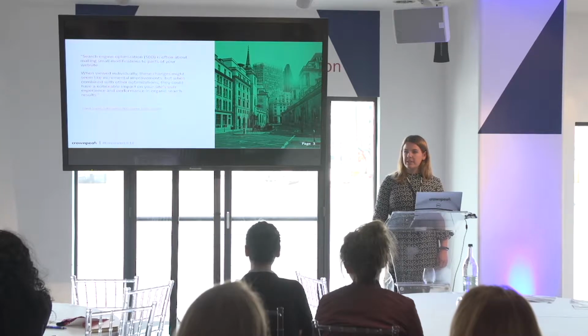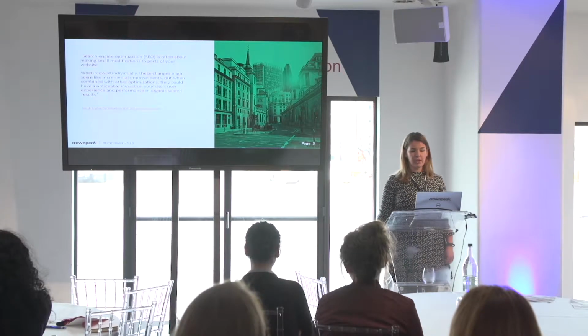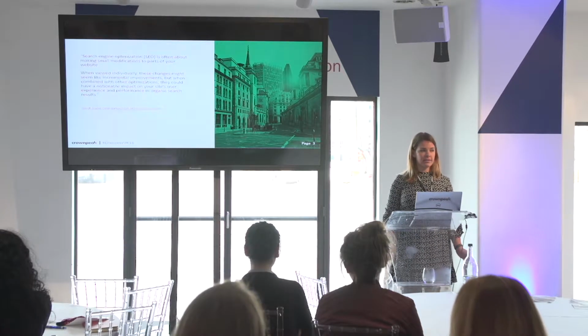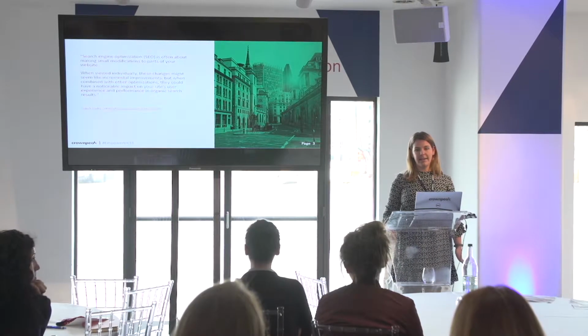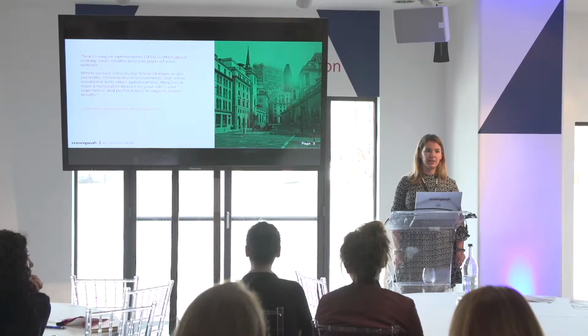This is a section that I pulled out of the Google Starter Guide for SEO, and if anybody hasn't read it, I highly recommend it. It's not that long, it's quite easy to read, and it's got some really good pointers in it.